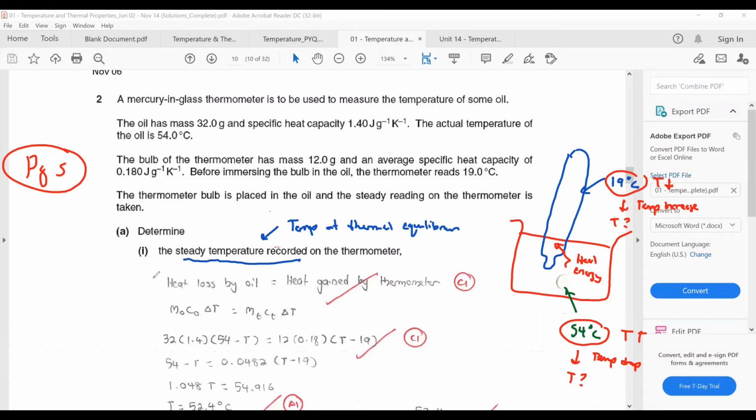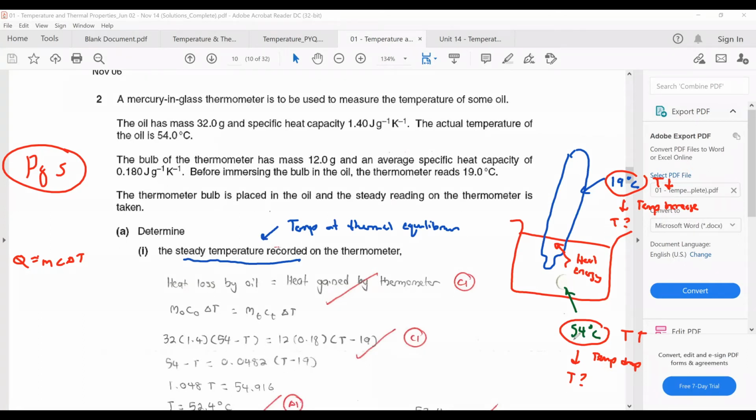So you get this. You will still use Q equals MC delta T. Just sub in your values accordingly. For the change in temperature, it doesn't matter whether it's final minus initial or initial minus final. We're just interested in the difference. Just take the larger value minus the smaller value. This one being the larger, it's T minus 19.